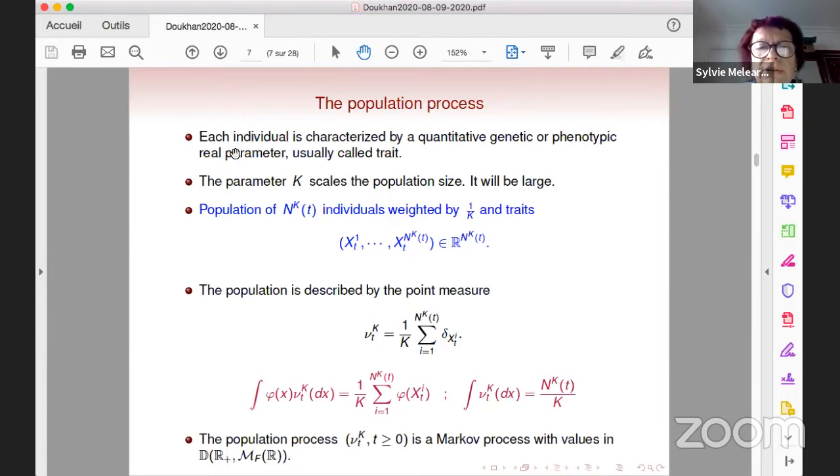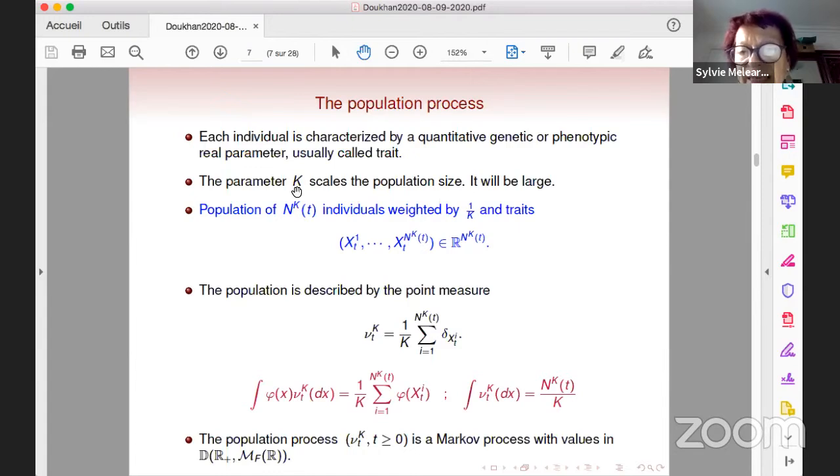So we assume that each individual is characterized by a quantitative genetic or phenotypic real parameter that I will call the trait. I take a real number to simplify the presentation, but it could be a vector of R^d. And I introduce immediately a parameter K, which scales the population size.